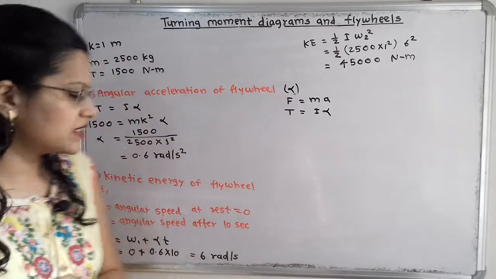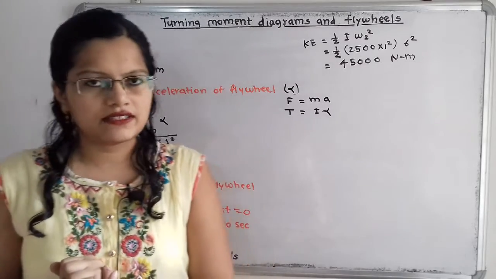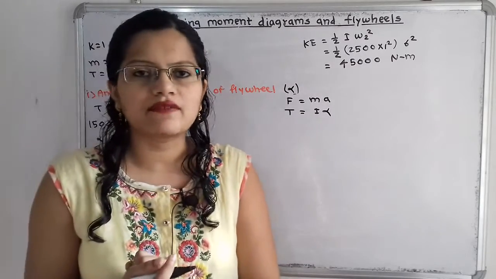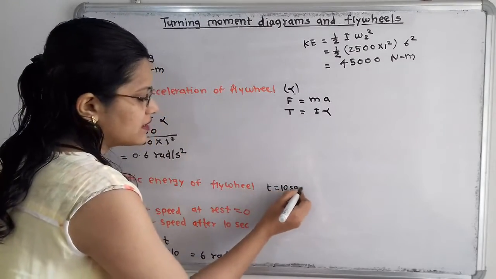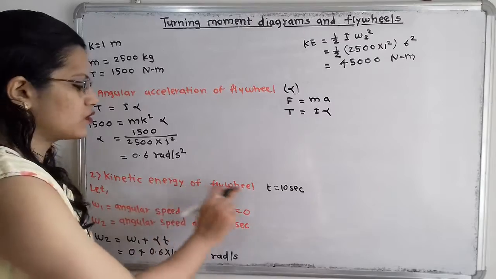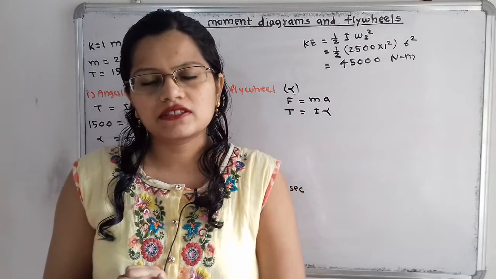The next question is the kinetic energy of the flywheel after 10 seconds. So here time is given, t is equal to 10 seconds, and we have to find out the kinetic energy. What is the formula for kinetic energy?